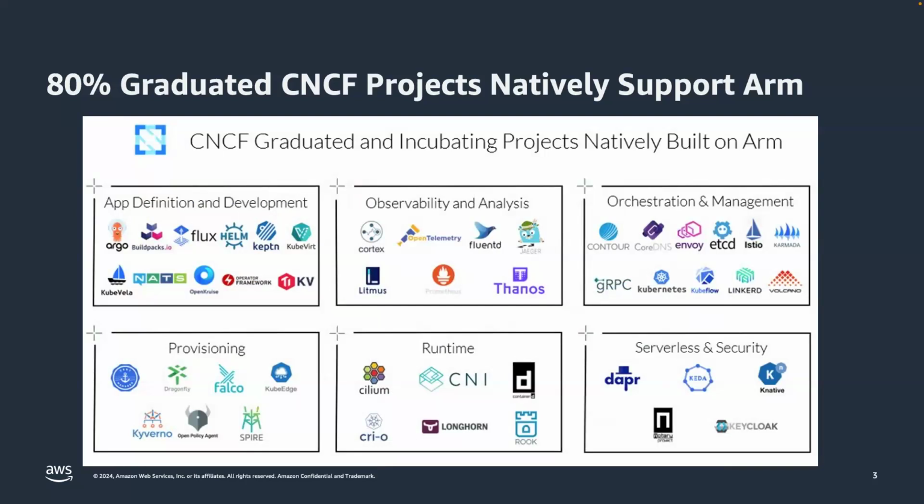One of the popular ones that most people have asked me about is Istio, the service mesh. Some of you may be familiar with service mesh, right? Istio, 2 years back, didn't have ARM support.